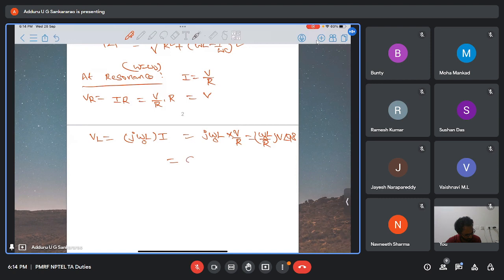So this I can write like QV at an angle of 90 degrees. This Q is called the quality factor of the series RLC circuit, Q factor we will say.